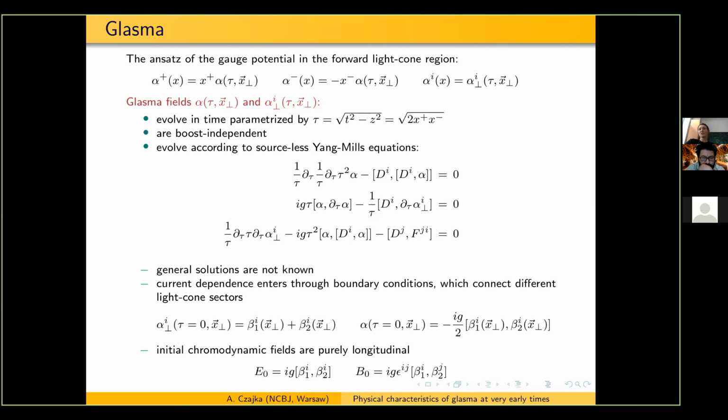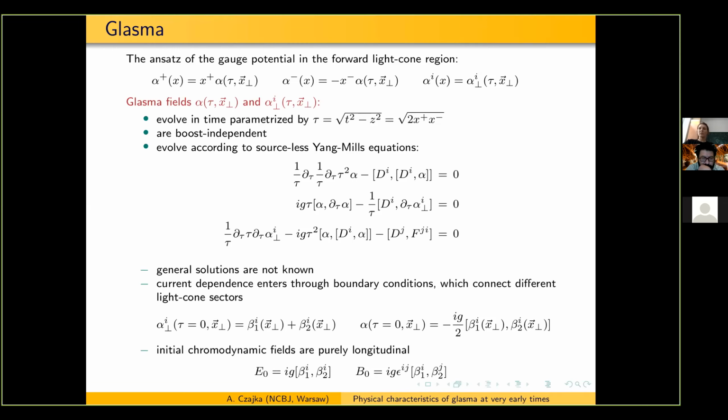We know that general solutions to these equations are not known, but we can find some methods to solve them. It's important to notice that there is no explicit current dependence here, as the sources are zero, but the current dependence enters these equations through boundary conditions.